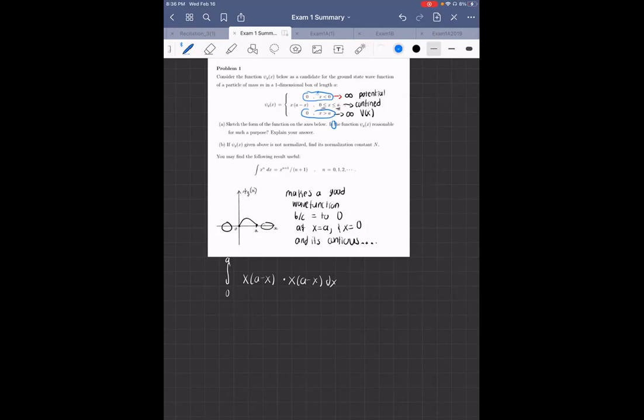Also it's continuous and all connected here. Does that make sense to everyone? Yeah.